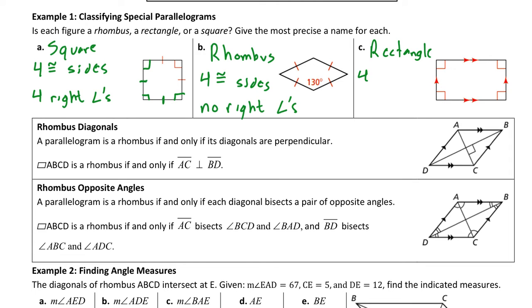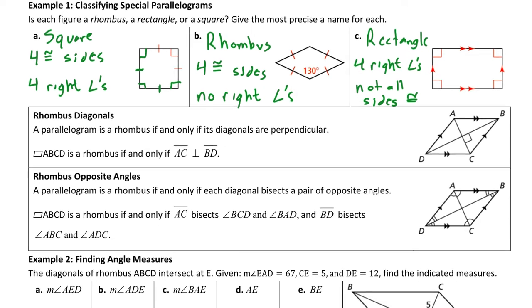It has four right angles, but not all sides are congruent. So that's how we classify shapes. We first look at the angles and the sides and then decide, are all four sides congruent? Are all four angles right? Those are the most basic features of rhombuses, rectangles, and squares.